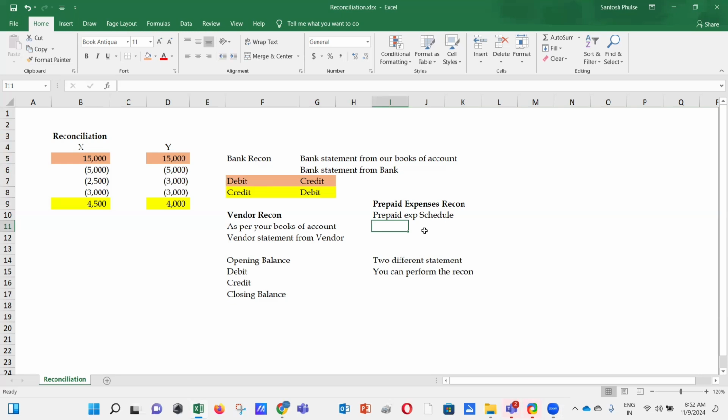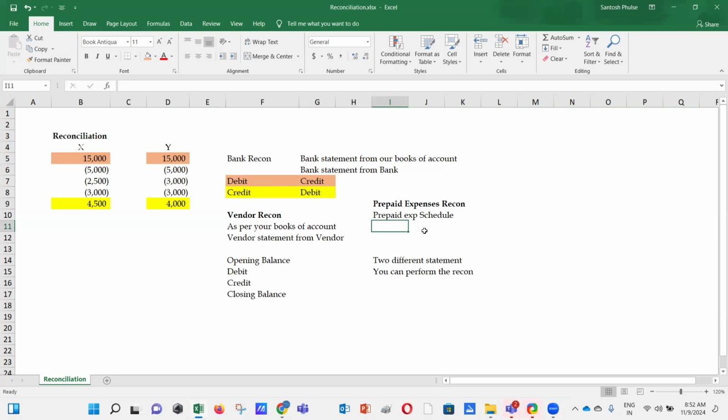Suppose we reclassified something from the P&L to the balance sheet while doing the P&L analysis, observing certain expenses pertaining to prepaid which we haven't transferred to prepaid expenses, and that's observed at the last moment.